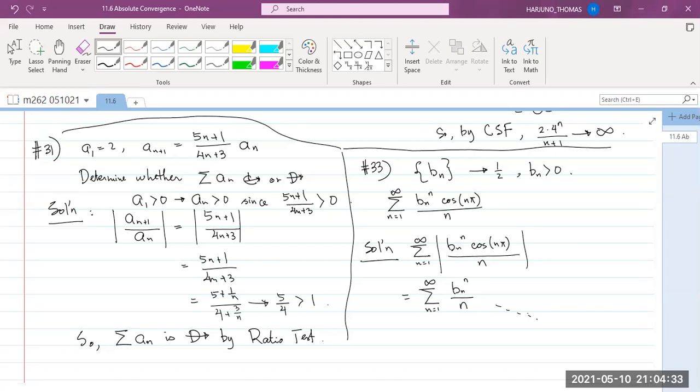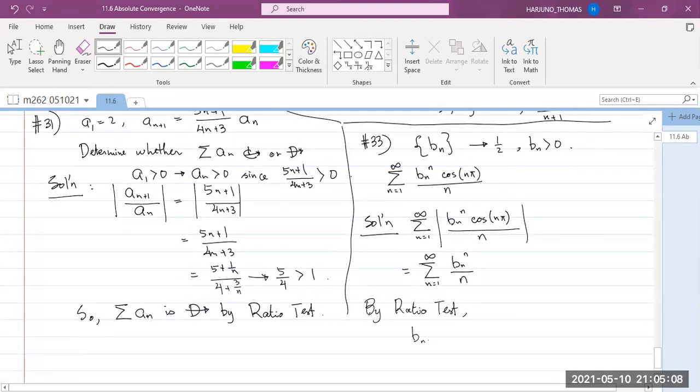We can do not ratio test, limit comparison test. Let's try. Is it really? No. Ratio test. So by ratio test, I wonder if it works. By ratio test, b sub n plus 1 to the n plus 1 over n plus 1 times the reciprocal.